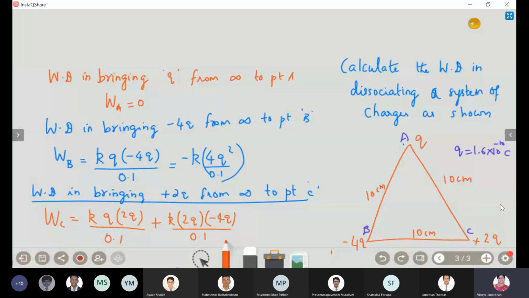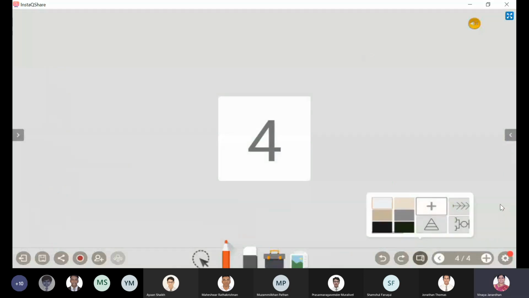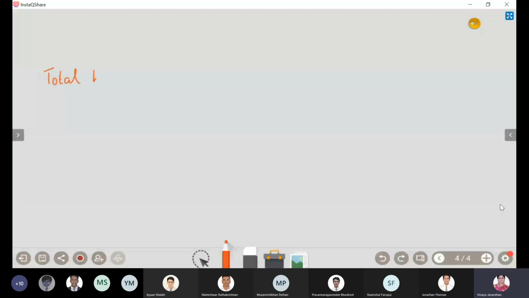Add everything. Take the common factor outside, boys. K and 0.1 you take outside. Shall I change the slide? So total work done W will be, taking K and Q squared by 0.1 outside, Q squared times minus 10.